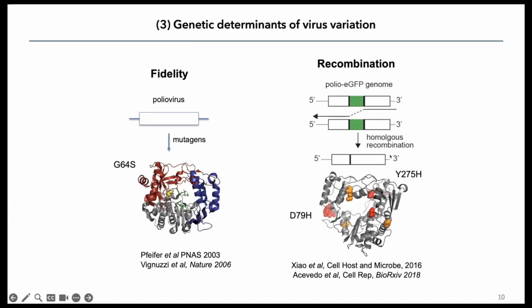And a combination of these two defects, the increased fidelity and decrease in recombination, also reduce the ability of the virus to adapt, and also attenuate the virus in animal models.